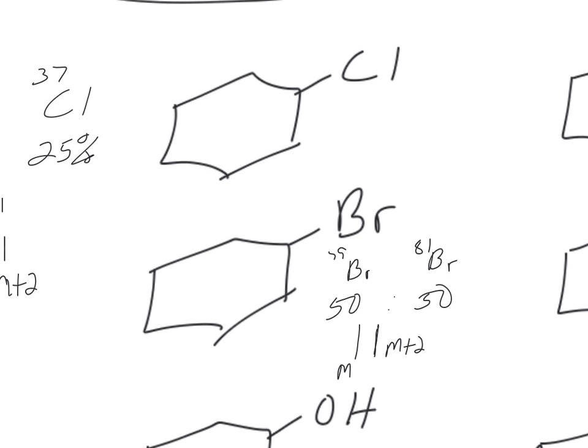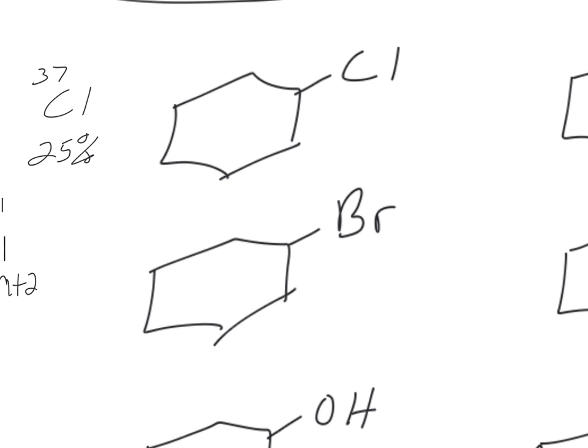You can look at IR here and say the carbon-chlorine stretch comes in at some place, and the carbon-bromine stretch elsewhere. But the best way is mass spec. NMR would be even easier, because you'd be able to see the frequency would be different.